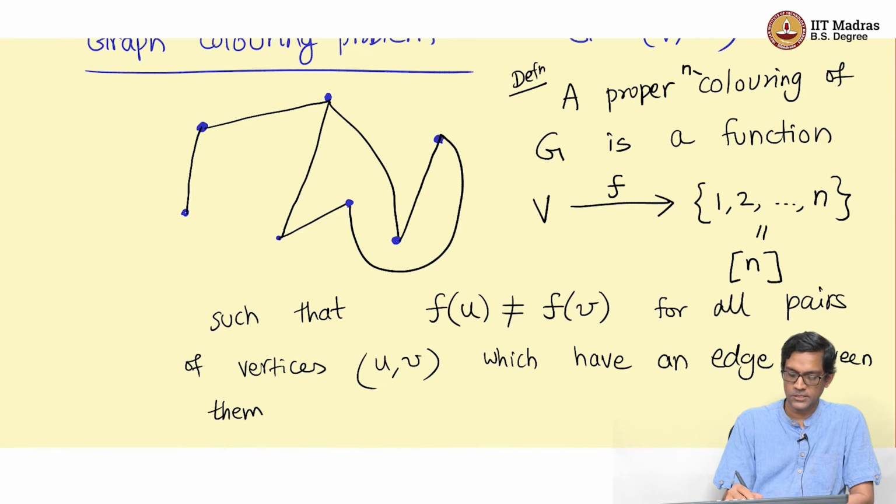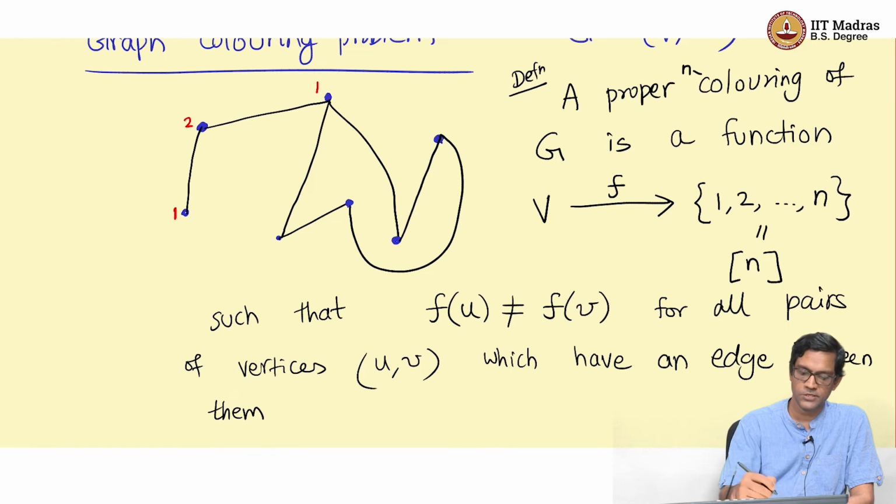So, for example, in this graph that I just drew, a coloring would be an assignment. Here is an example of a coloring. I could assign the number 1 to this vertex, but then I can't assign the number 1 to the one next to it. I could assign the number 1 again here, because this one is not connected to the first vertex that I drew.